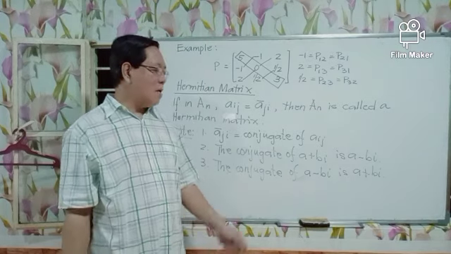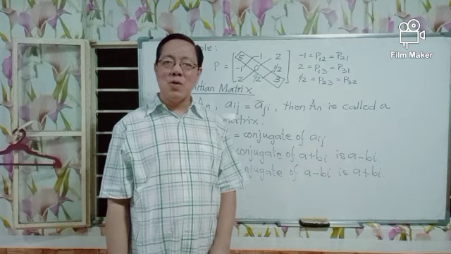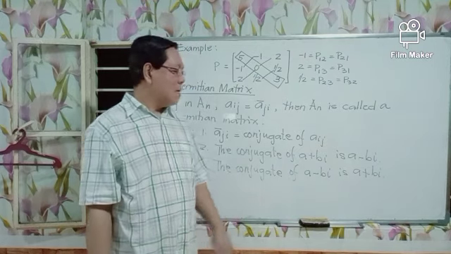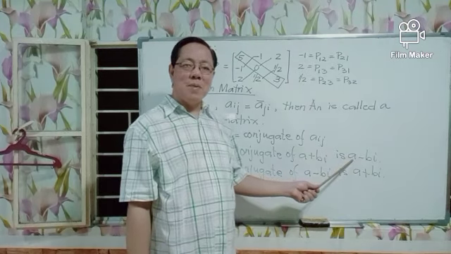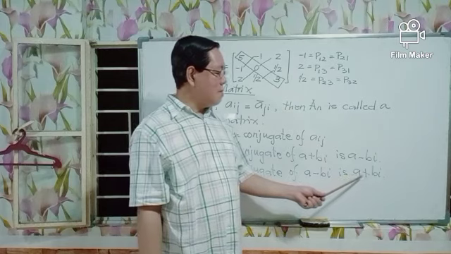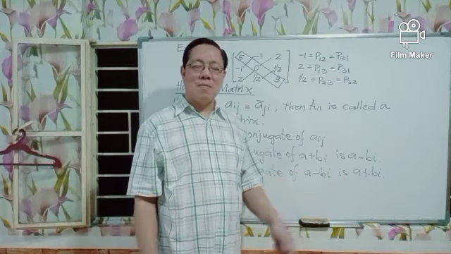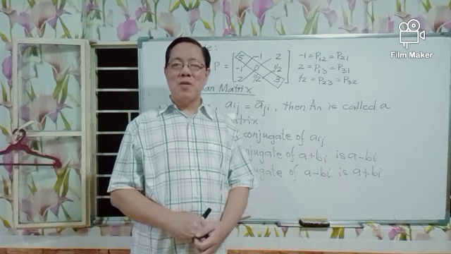Therefore, a plus bi and a minus bi are conjugates of each other.